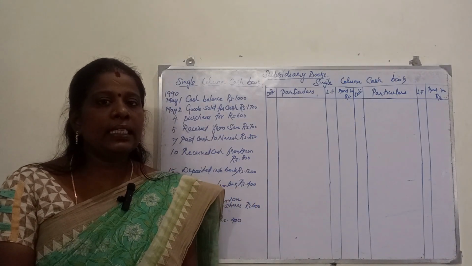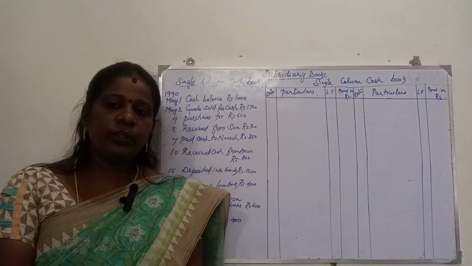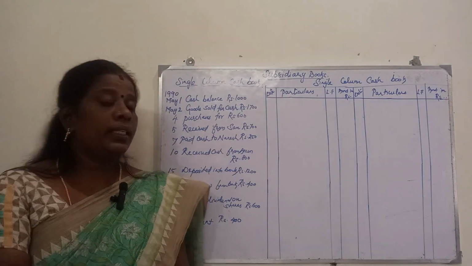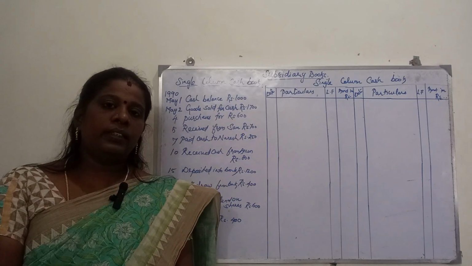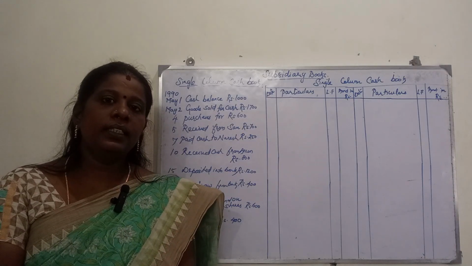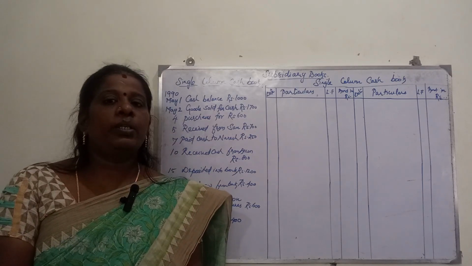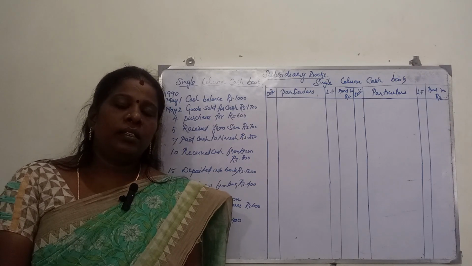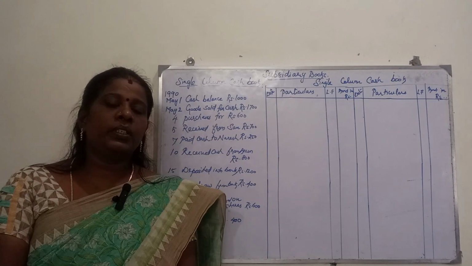In this video, let's see how to prepare subsidiary books. Subsidiary books are one of the records prepared in the fundamentals of accounting. In a big business concern, the same transactions may be repeated again and again. For example, purchases. They are purchasing on different dates and at different times.